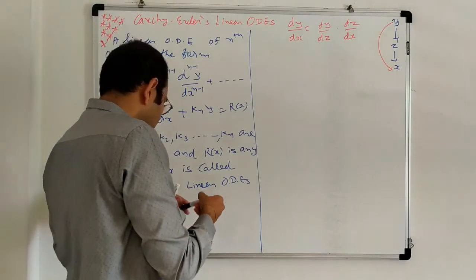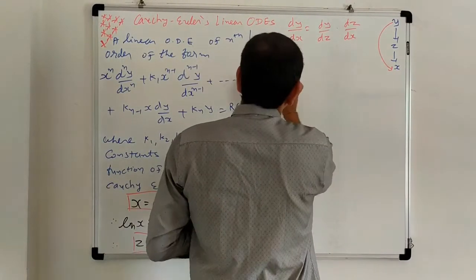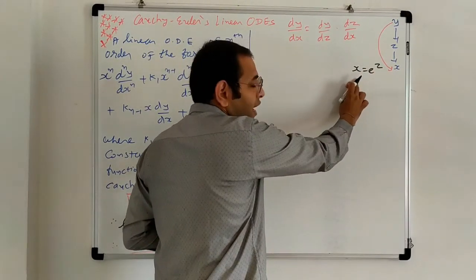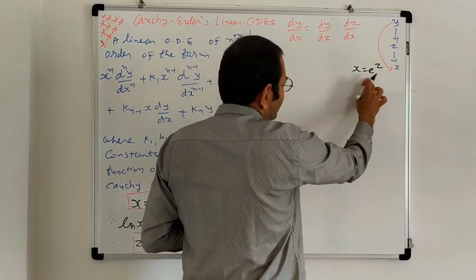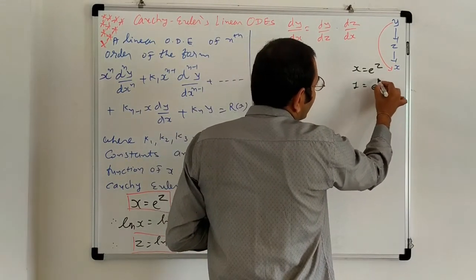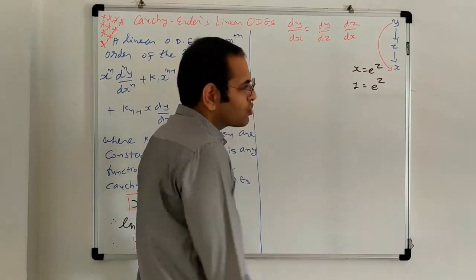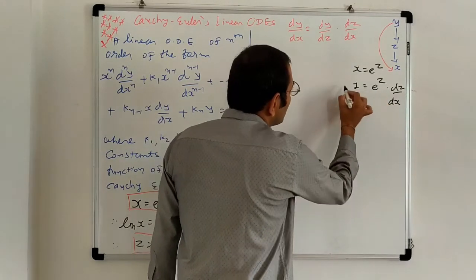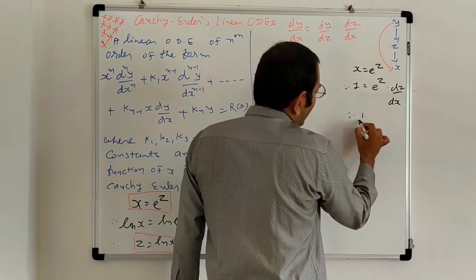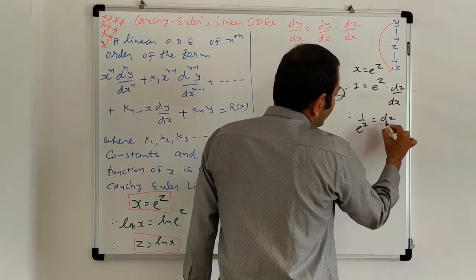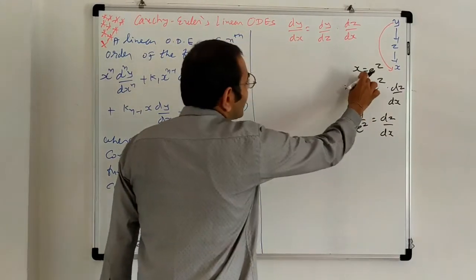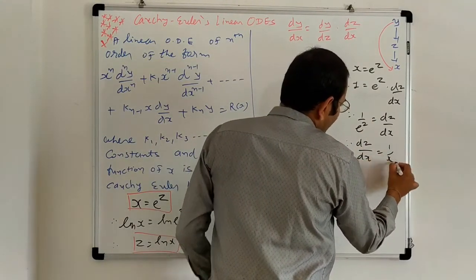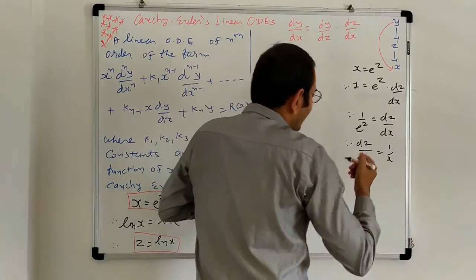Here x equals e raised to z, so the derivative with respect to x, where z is a function of x, gives 1 equals e raised to z into dz/dx. Simplifying, we get 1 upon e raised to z equals dz/dx. Since e raised to z equals x, we can write dz/dx equals 1 upon x.